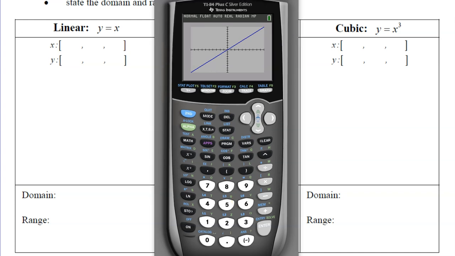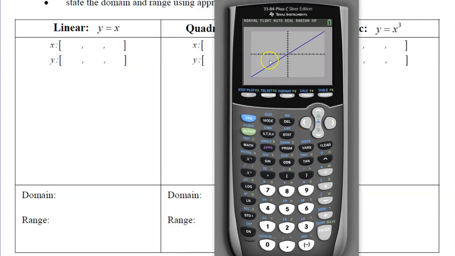I mean, it goes from quadrant 3 all the way up into quadrant 1. But you can't really cut off 2 and 4. You wouldn't want to just show quadrant 1 or just show quadrant 3. So this is a perfectly valid window, -10 to 10 by 1s, -10 to 10 by 1s. We're going to draw a sketch.